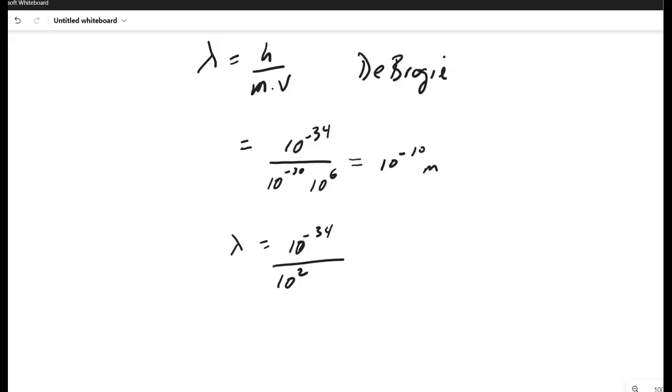Let's round that, we can just call it 10, because we're just doing an order of magnitude. So in the denominator, we've got 10 to the 3rd, and in the numerator 10 to the minus 34th. So that's approximately negative 34 minus 3, about 10 to the negative 37 meters. And that's how you do an order of magnitude calculation.